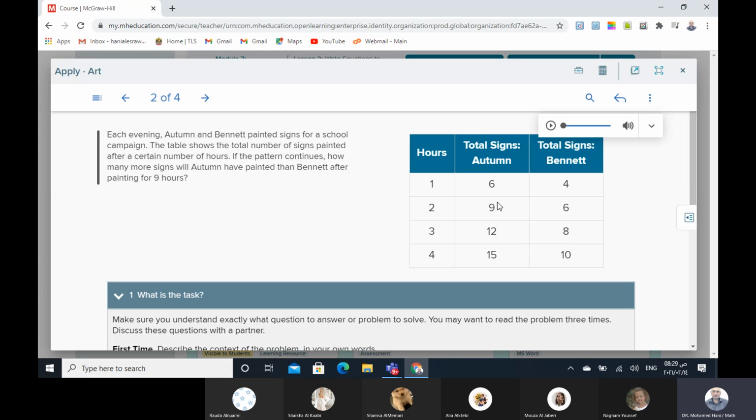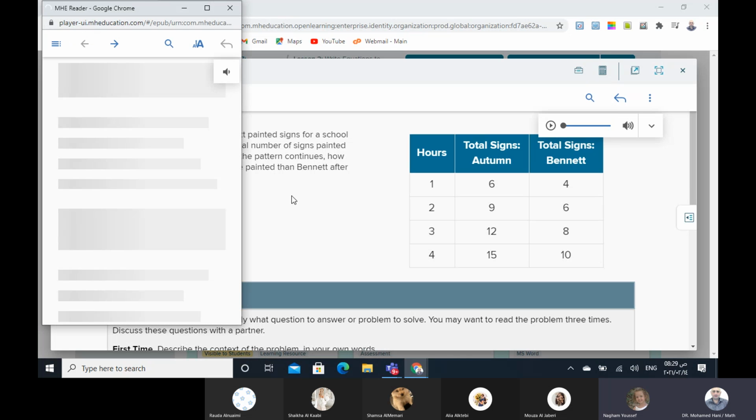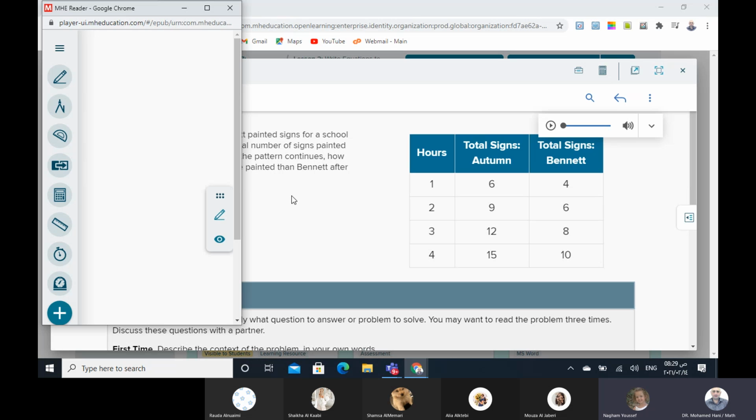Repeat the equation, please. In Autumn, the pattern is plus 3. In Bennett, the pattern is plus 2. Okay, what is the equation?